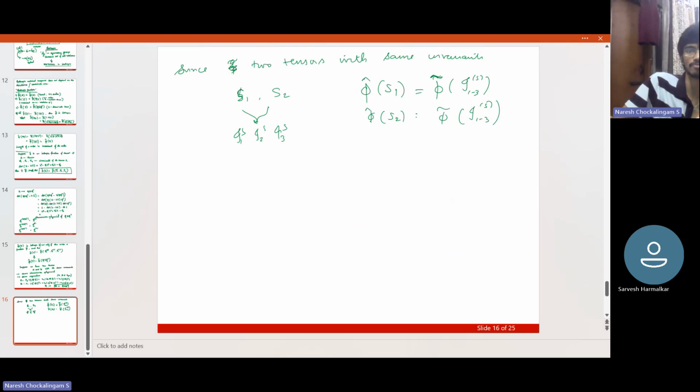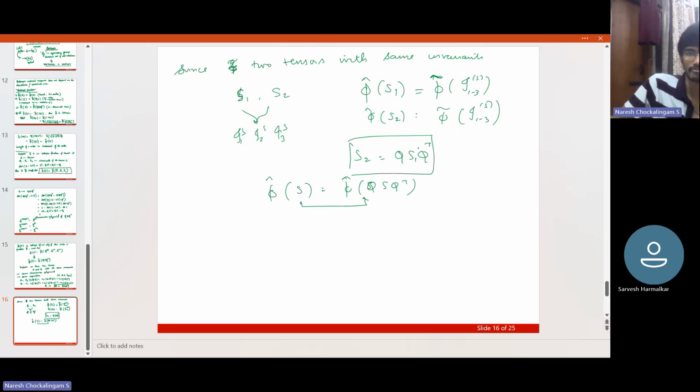Then S1 and S2 should be related by a rigid rotation. Therefore, S2 should be Q S1 Q transpose, which means phi of S is equal to phi of Q S Q transpose.